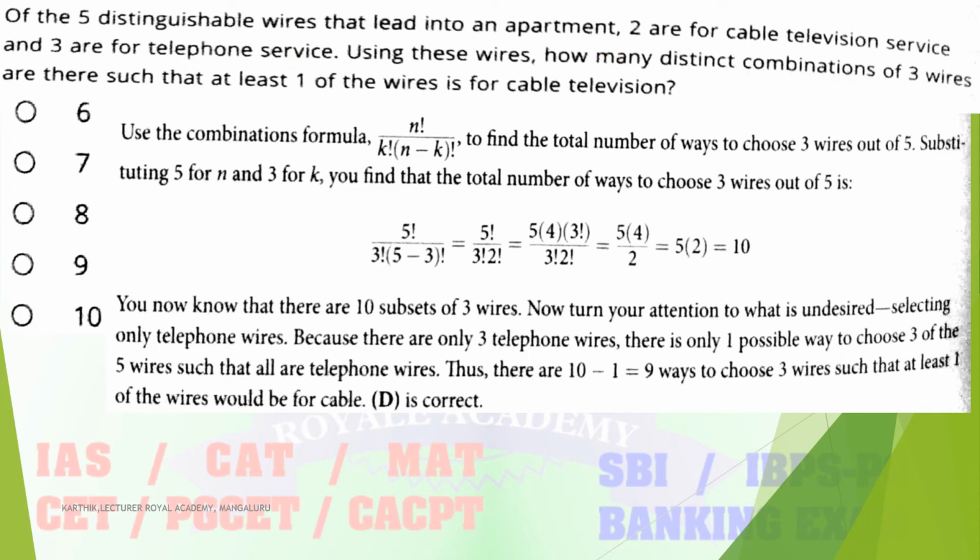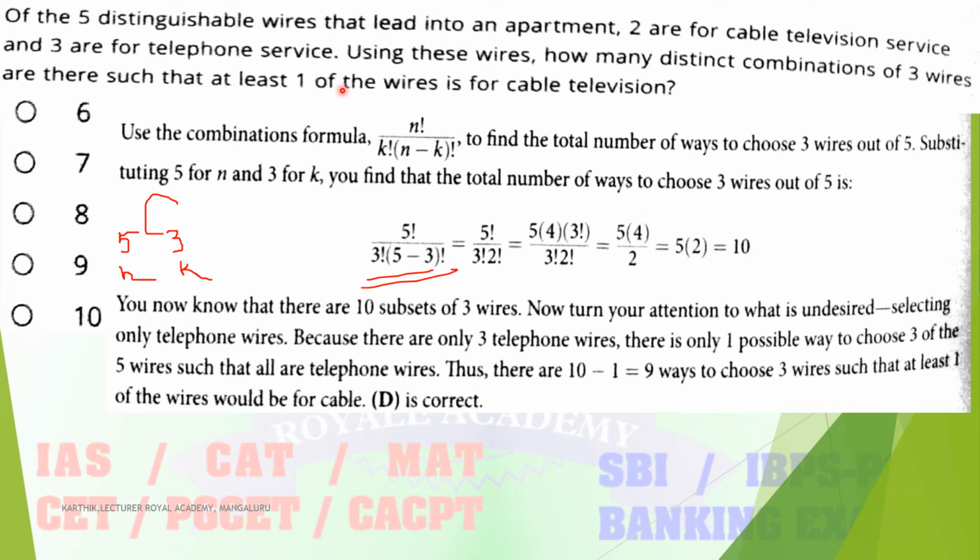Total is 5, and in that you have to choose 3. So 5C3, you have to determine. Here this is n and this is K. You just substitute into the formula and you will get the answer. So the answer is 10.